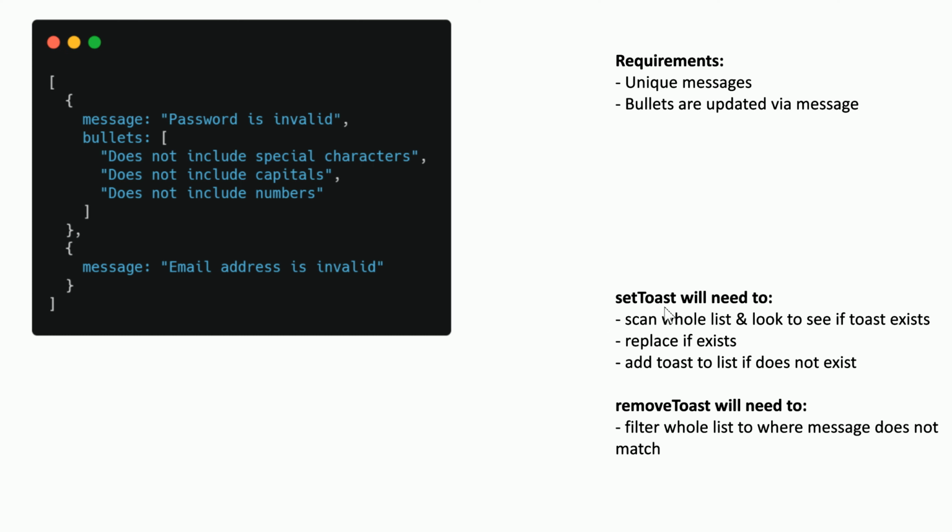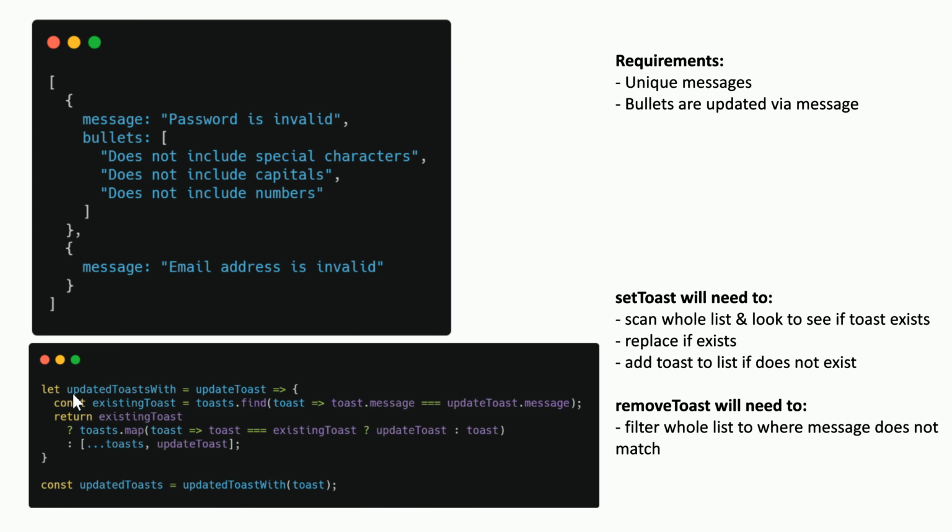An implementation of setToast might look something like this, where we're looking to see if the toast exists and keep a reference to it. If it does exist, then the mapping will be where we map the existing toasts except for the one that does match, and then we replace that one.